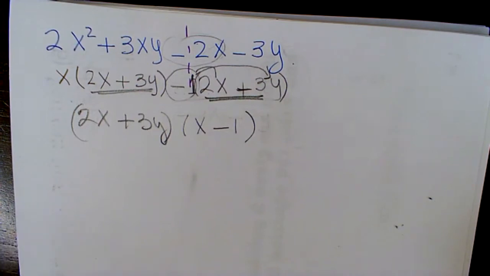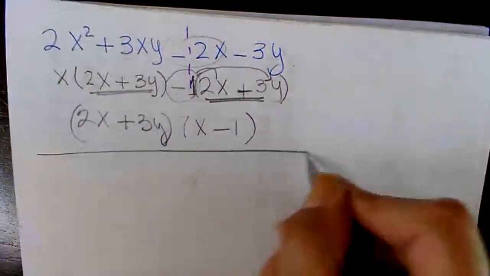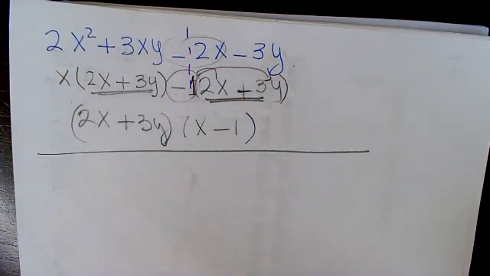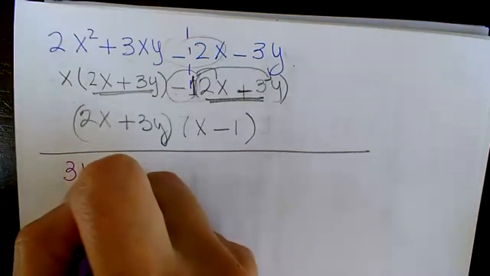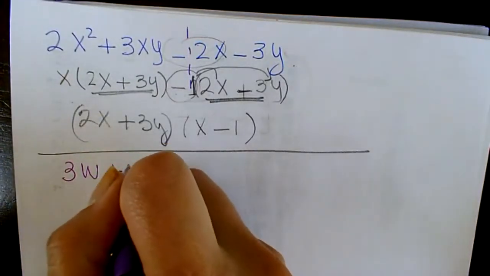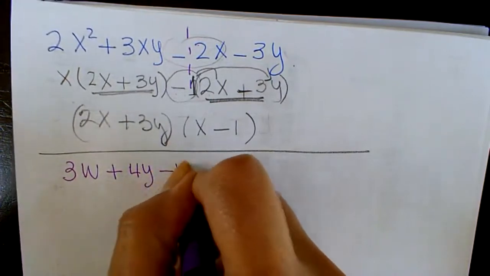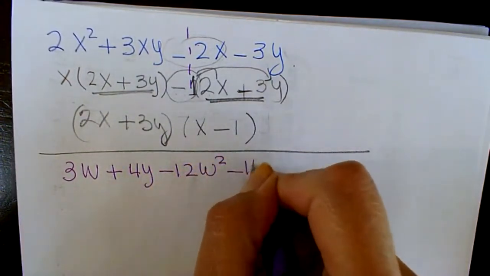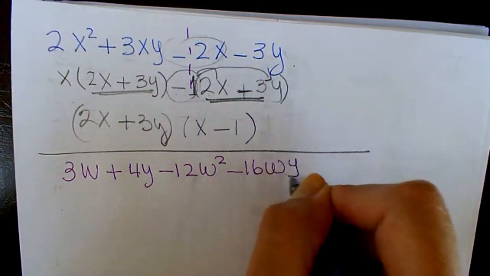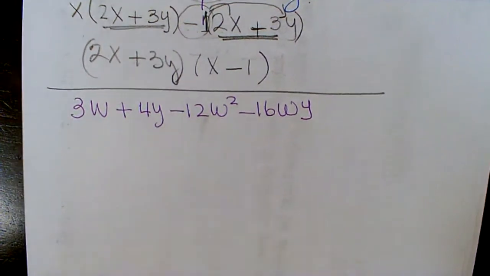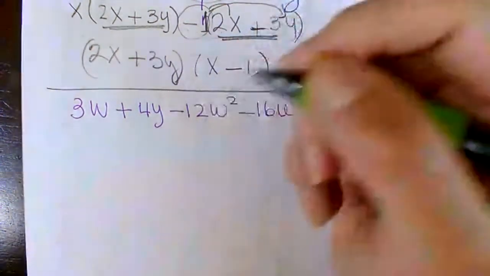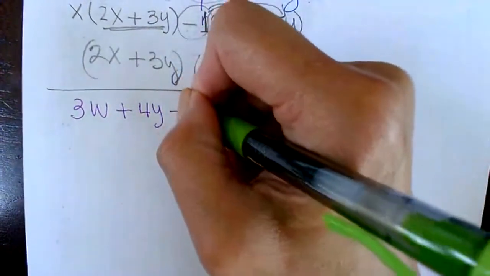I have another one that we could do like that one. 3w plus 4y minus 12w squared minus 16wy. Okay. So they said factor by grouping, so then I'm going to divide it.